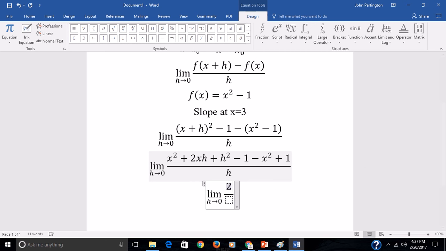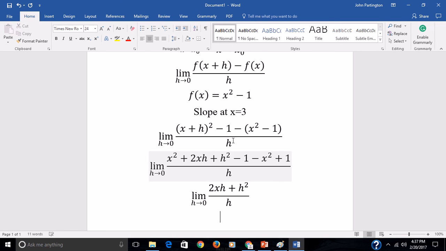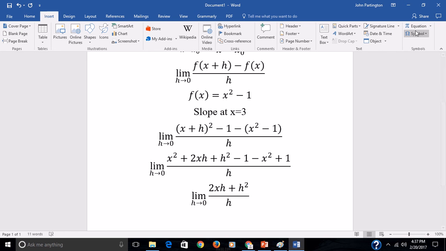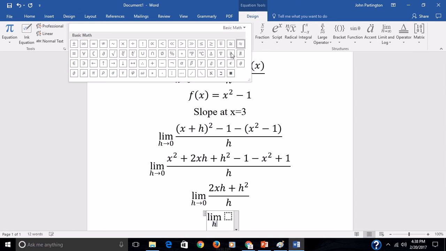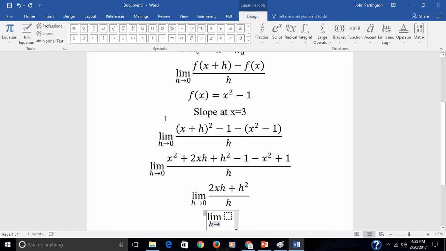We're going to have 2xh plus h squared over h. Now, one thing you notice about this is there is a factor of h on top and bottom. So this annoying h that has been preventing us from simplifying this is now gone. It's not being annoying anymore. So we're going to have the limit as h goes to 0 of.